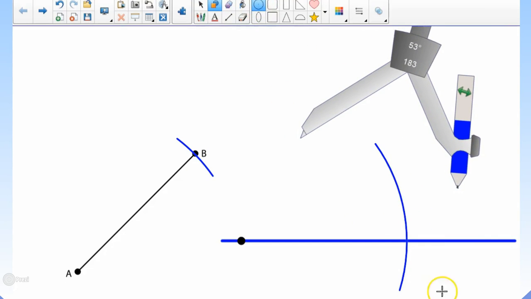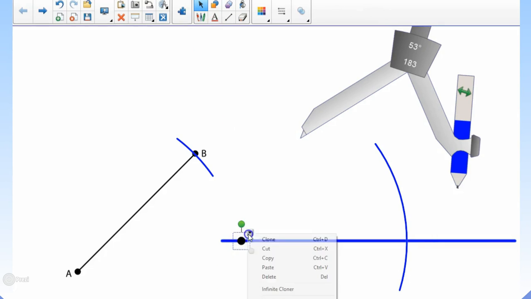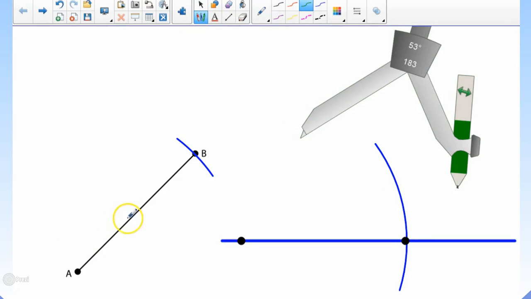And I'm going to give it another end point. I'm going to cheat. I'm actually going to clone this one because it'll be easier. And this segment is congruent to segment AB.